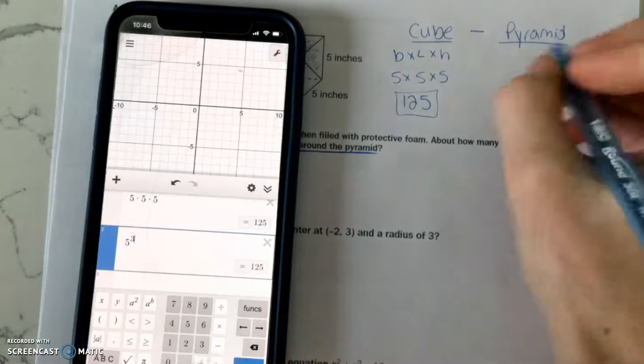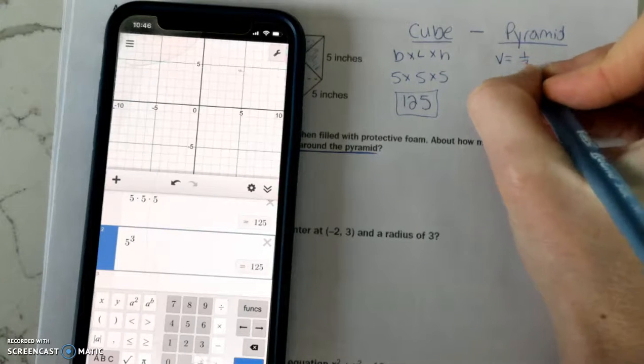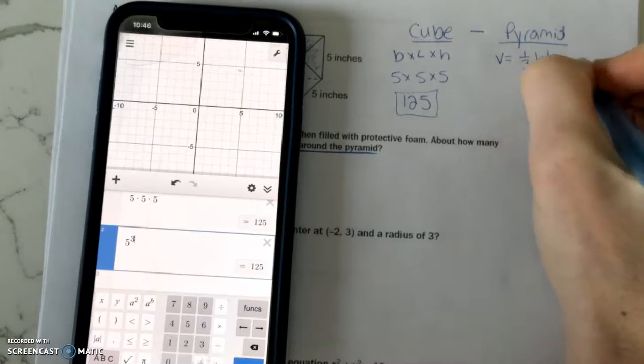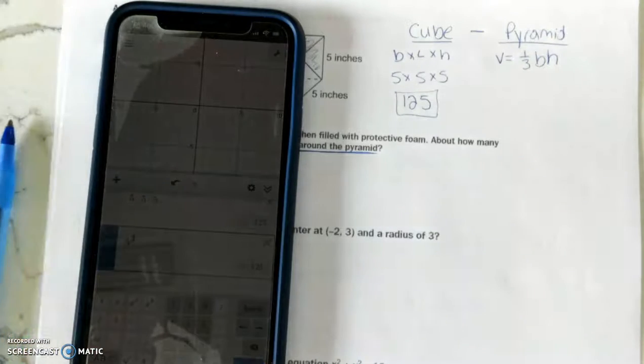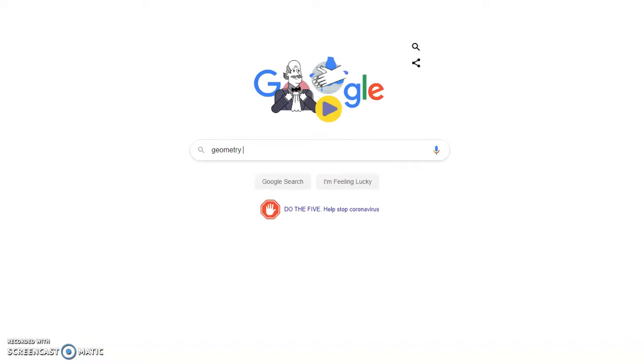Now remember, the volume of the pyramid can be found on your formula sheet, which is uploaded to Schoology. It's 1/3 base times height. Let me pull that up, and you can just go to Google and go to geometry formula sheet.